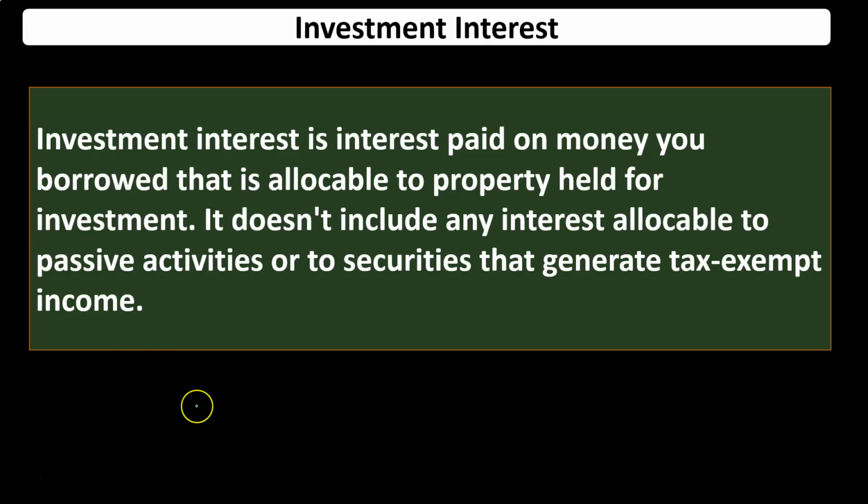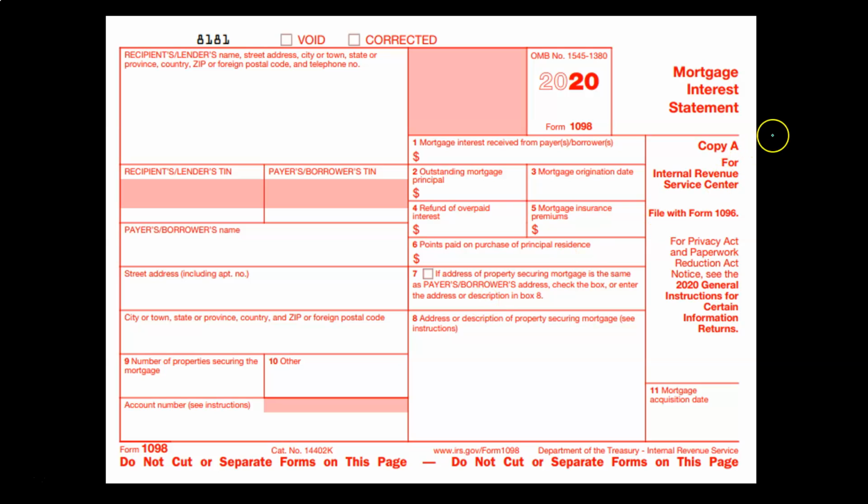So investment interest is interest paid on money you borrowed that is allocated to property held for investment. It doesn't include any interest allocable to passive activities or to securities that generate tax exempt income. And here's going to be an example of the 1098 that you might get. So you might get this from the institution.